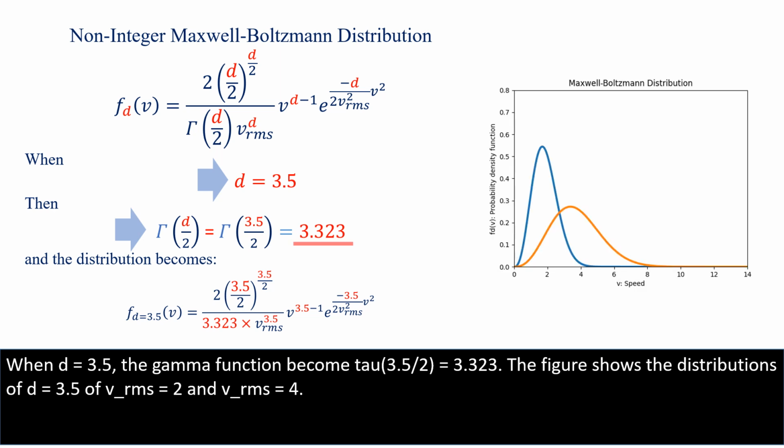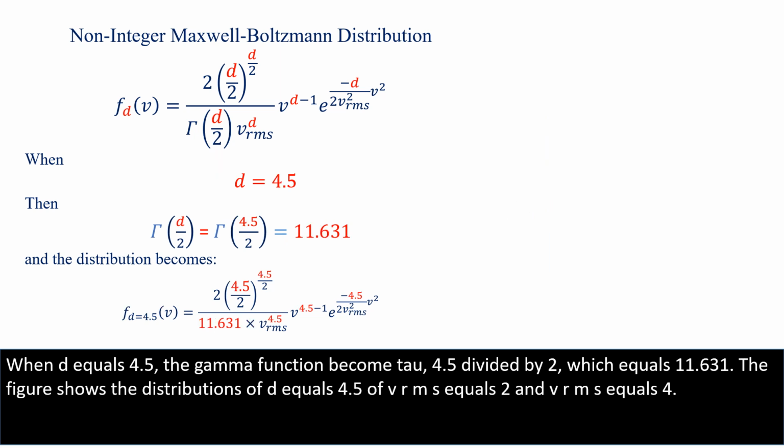The figure shows the distributions for d equals 3.5 with VRMS equals 2 and VRMS equals 4. When d equals 4.5, the gamma function becomes Γ(4.5/2), which equals 11.631.